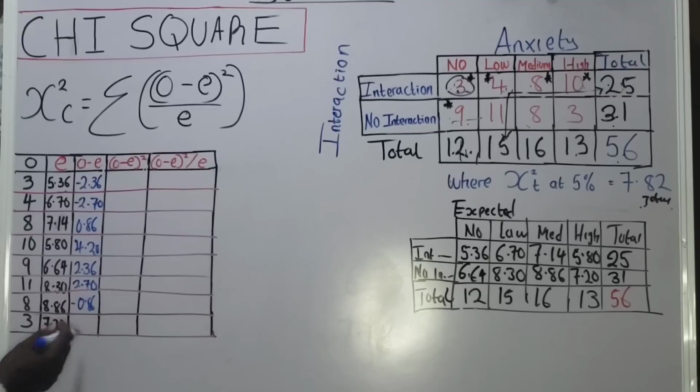And 3 minus 7.20 is negative 4.20. Do you understand?